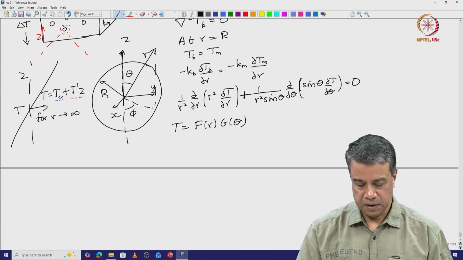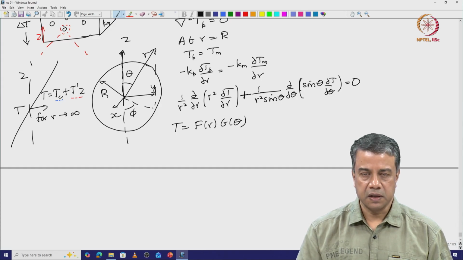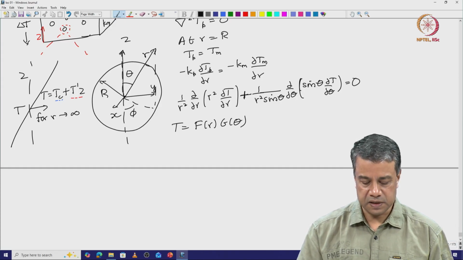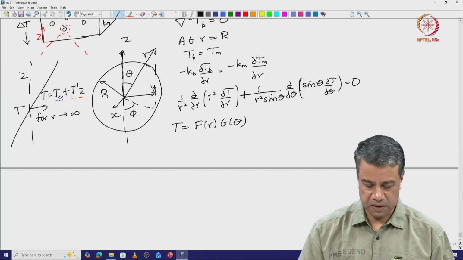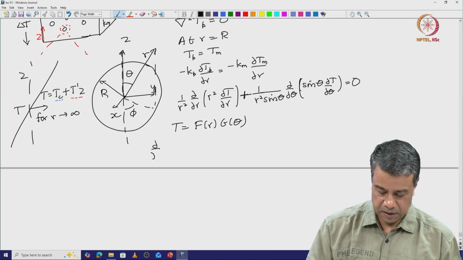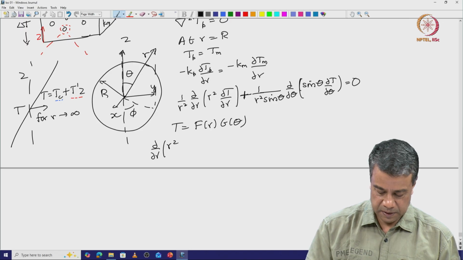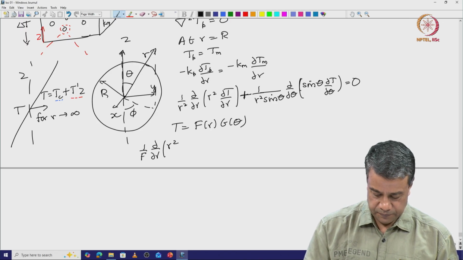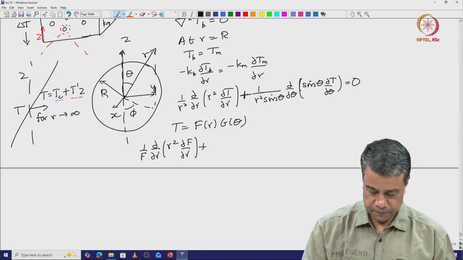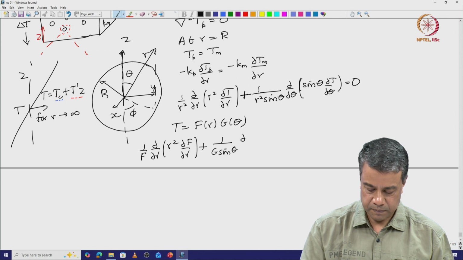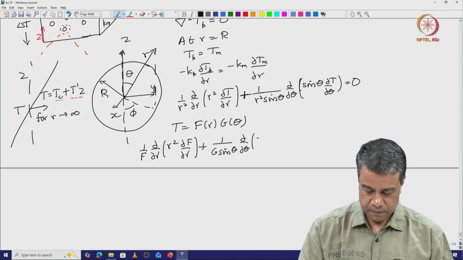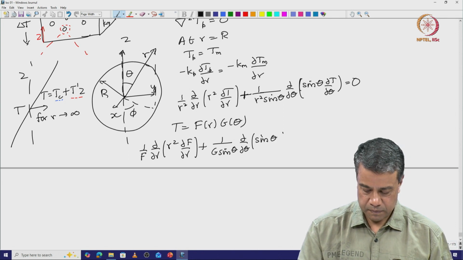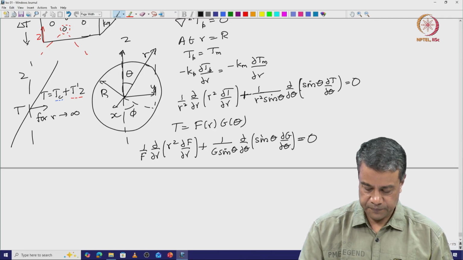Substitute into the equation, divide throughout by f and g, and multiply by r square to get d by dr of r square ... is equal to 0.